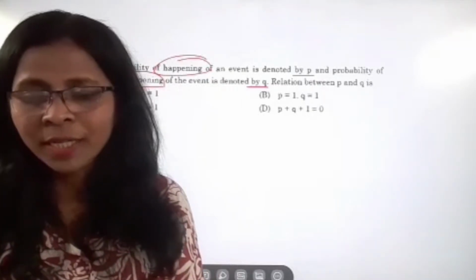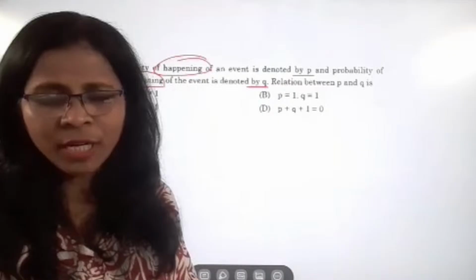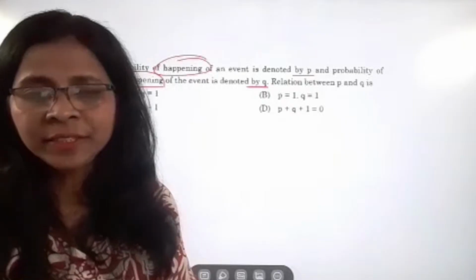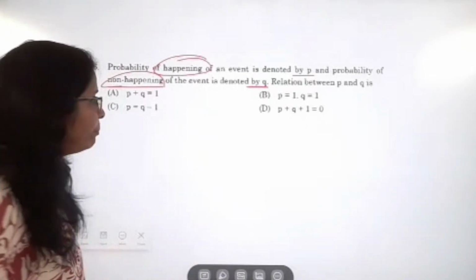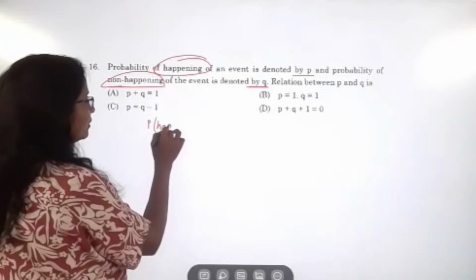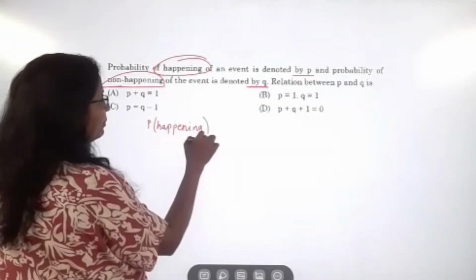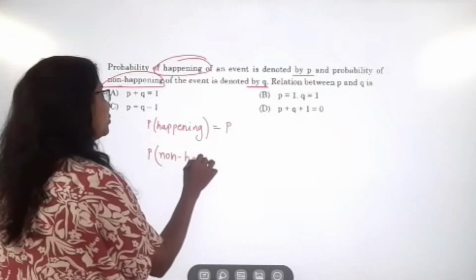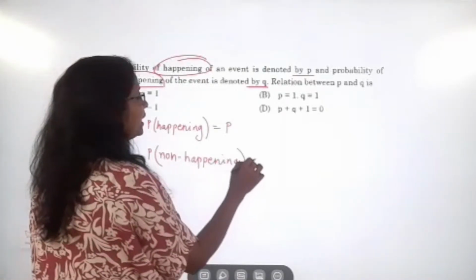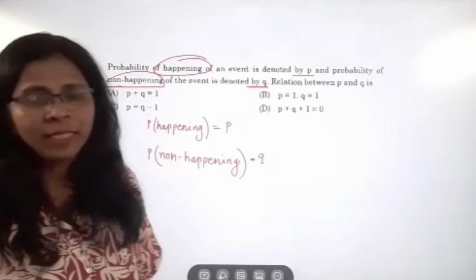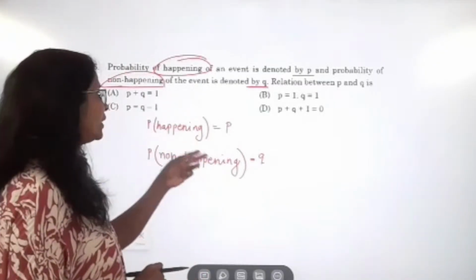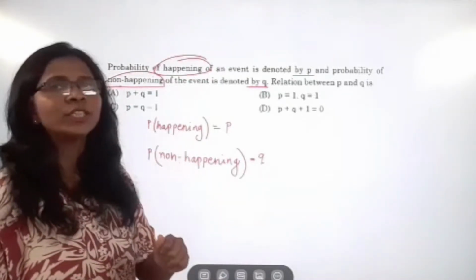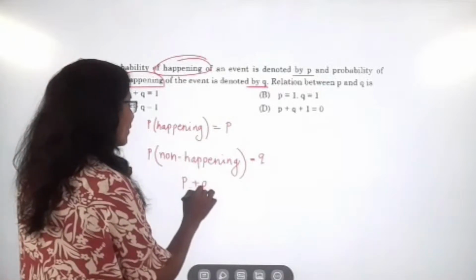If their sum is equal to 1, then the probability of happening is equal to P and the probability of non-happening is equal to Q. They are complements of each other, so P plus Q is equal to 1.